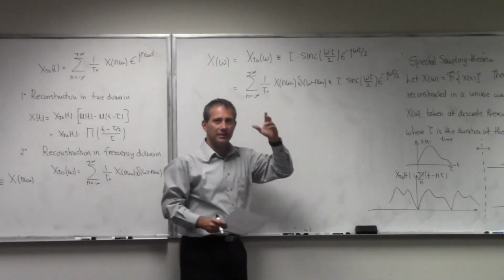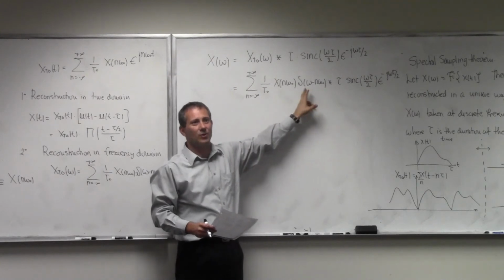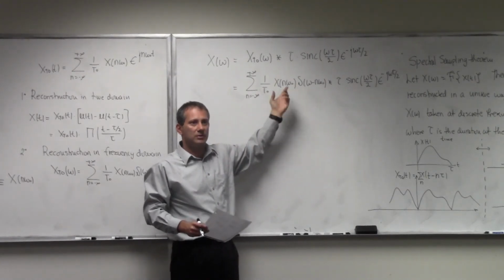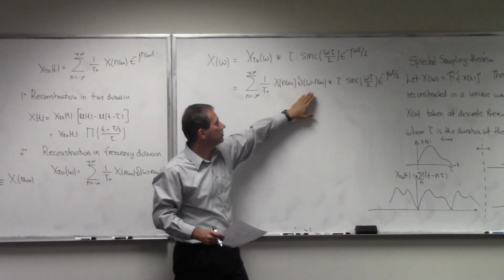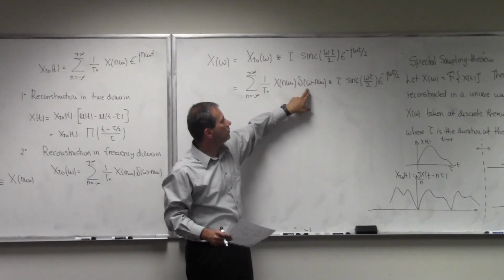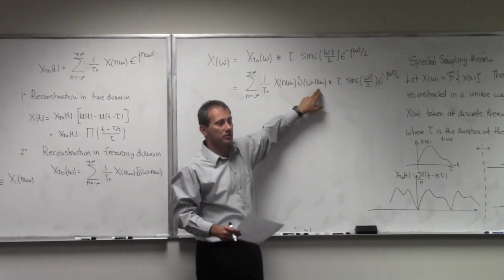The only difficulty that you may have at this point is there's no time here, right? It's all omega, but we don't care. We just do this mathematically. So if you convolve this delta with this sinc, it would just move the sinc, delayed by n omega 0.